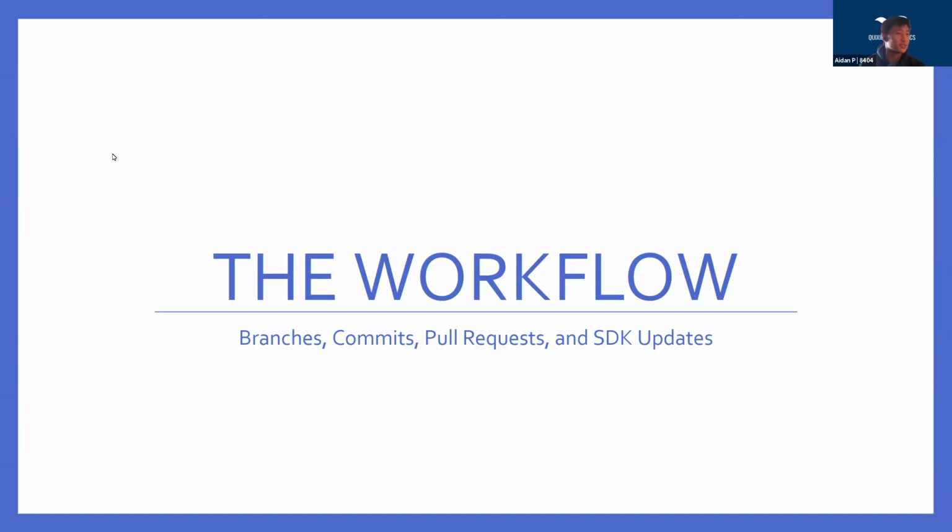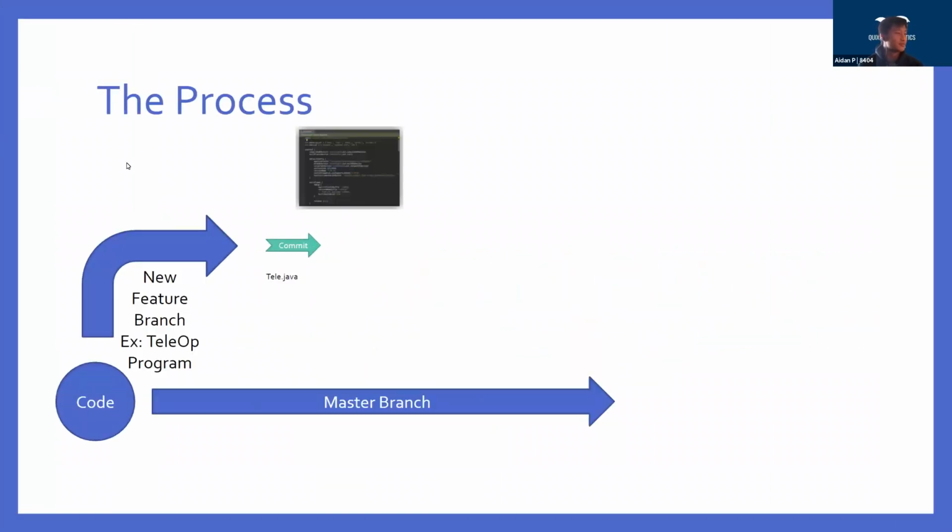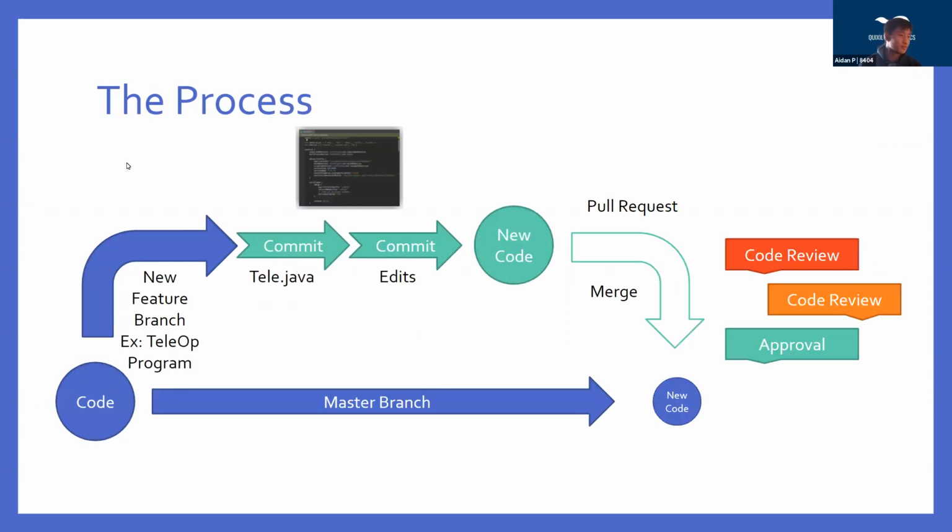So, the workflow. We've kind of gone over this a little bit. As we said before, Git follows a branch system. You have the master branch, and let's say you wanted to create a new feature and add a teleop program. So you create tele.java, and let's say you made a lot of edits.